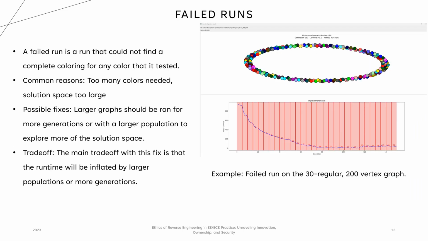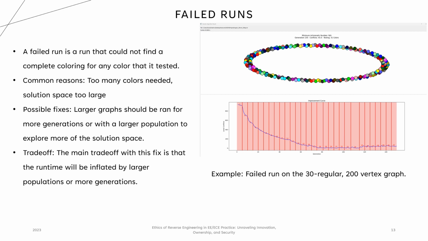So next I'm going to talk a little bit about the failed runs mentioned in previous slides. A failed run is just a run that couldn't find any complete coloring for any color that it tested. An example of that is shown on the right, where every single section of the improvement curve is colored red.